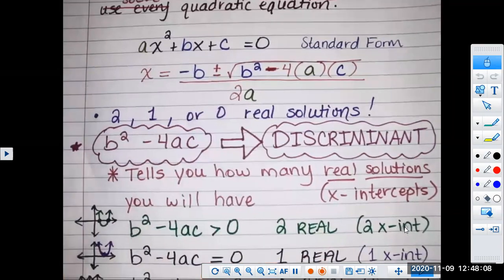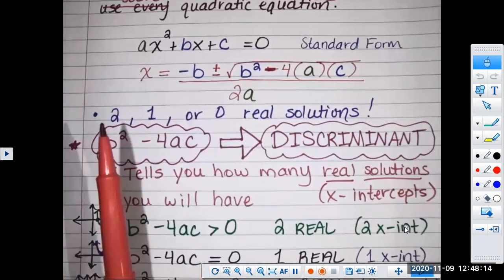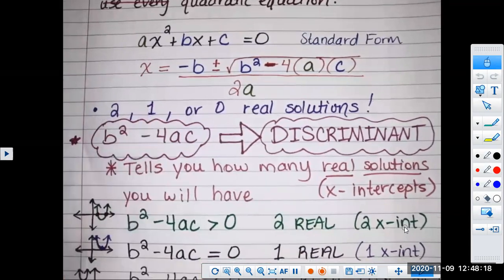When you solve a quadratic equation, no matter what method you use, you're going to get 2, 1, or 0 real solutions, which we've talked about. You can get at most 2 solutions. You may have only 1 solution or no solution at all. These solutions, can anybody tell me what they're also called?